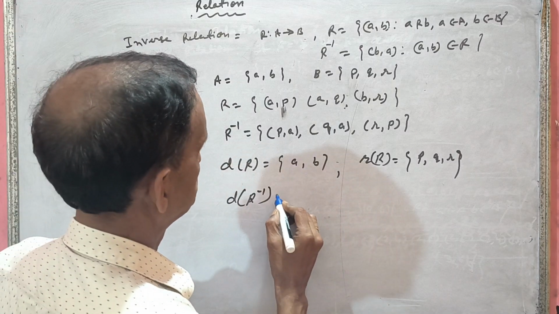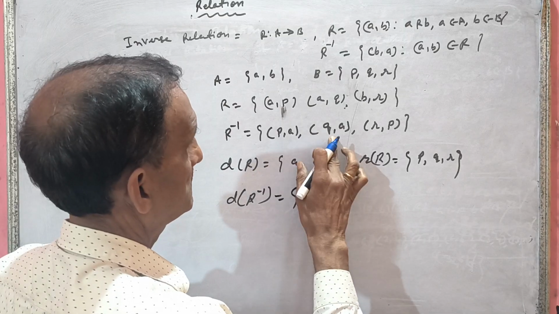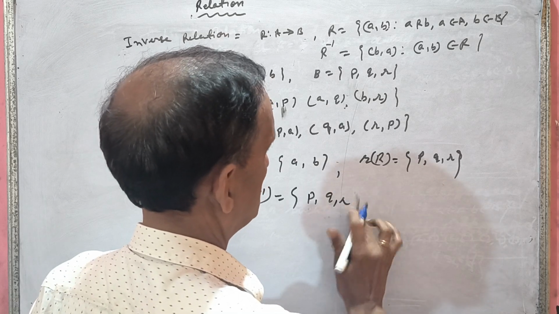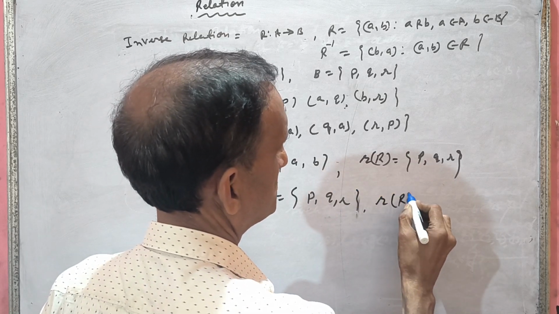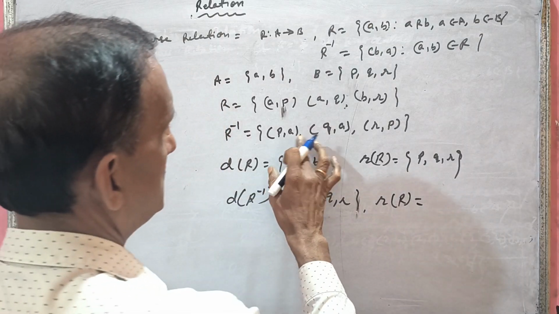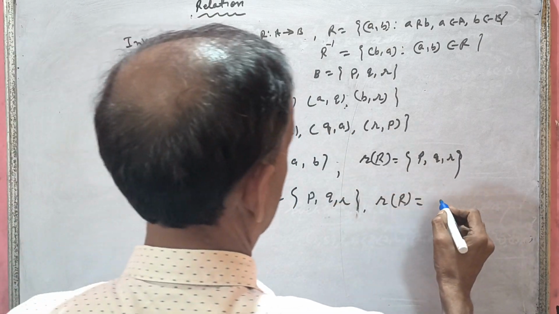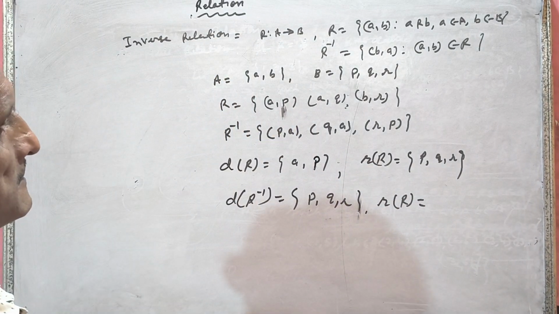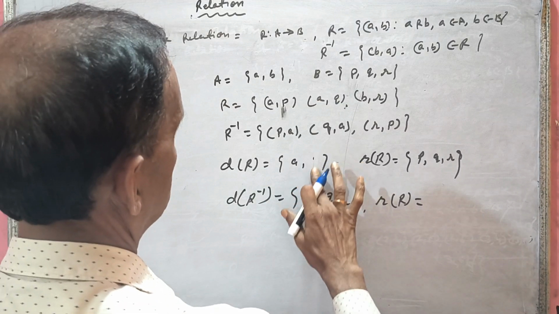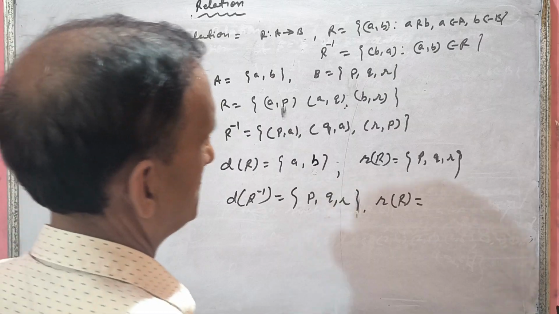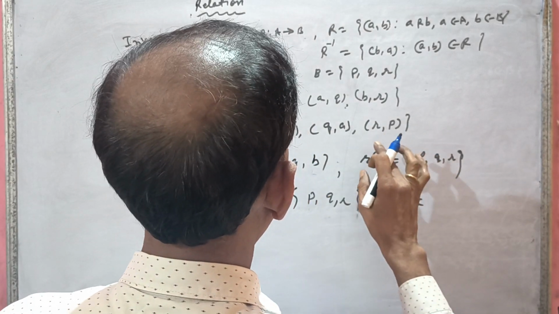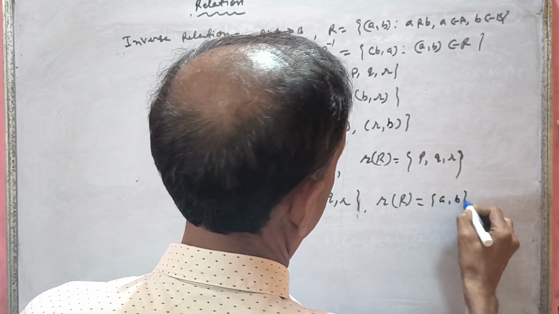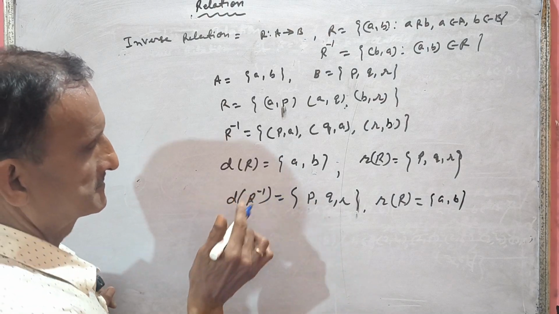What will we get? p, q, r. Then the range of R inverse, what will you get? a, b. And the range of R is what? p, q, r. What is your observation?